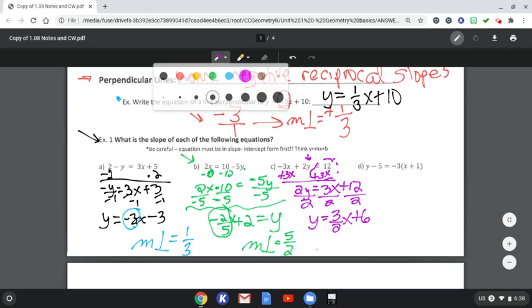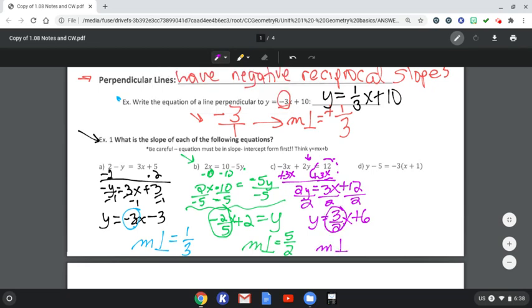Now to find our slope of a line perpendicular, we're going to take 3/2. Its negative reciprocal is going to be -2/3. So again, if the slope is positive, we automatically make it negative. If it was negative, like example B, we made it positive.